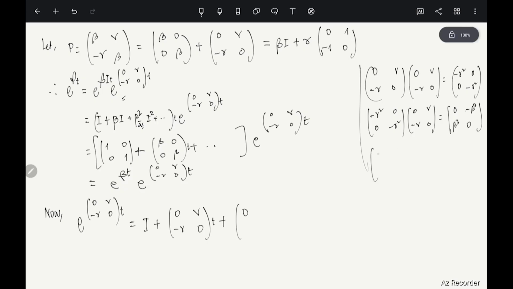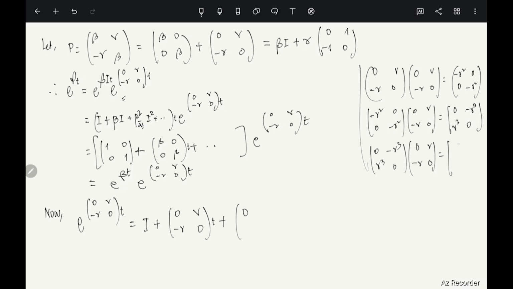Now 0 minus gamma cube, gamma cube 0, times 0 gamma minus gamma 0.